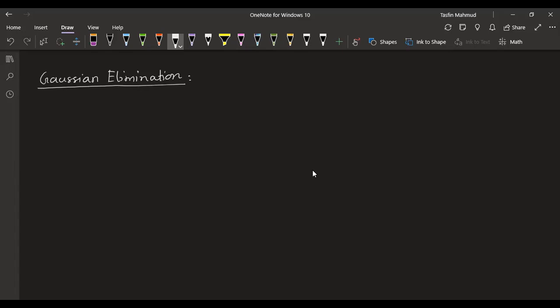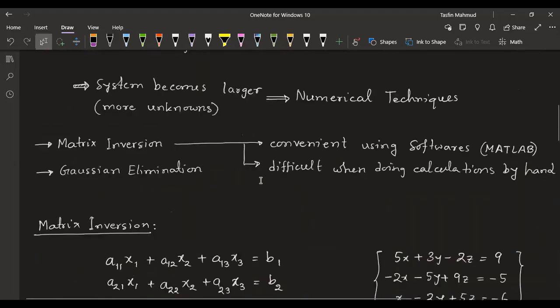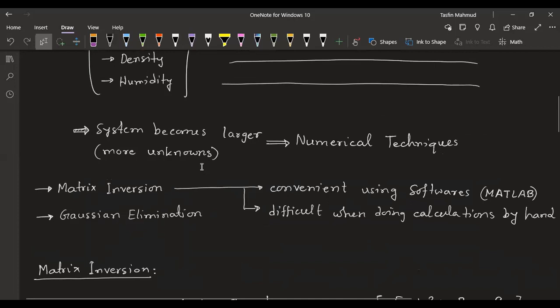These small things that I try to explain are important for the exam, where you will be given some small questions like why do we use these numerical techniques, or why do you choose interpolation over regression, or regression over interpolation, or why are you going to choose Gaussian elimination to solve a system of equations instead of the substitution method, elimination method, or Cramer's rule. So you may have to think about these answers.